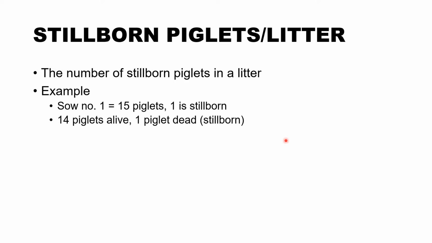So yung stillborn mo ngayon is isa, one piglet dead, and then yung iba buhay. So 14 piglets alive. So yun, 15 minus 1 kaya naging 14 piglets lang yung buhay, then isa yung stillborn. So yun yung stillborn piglets per litter.